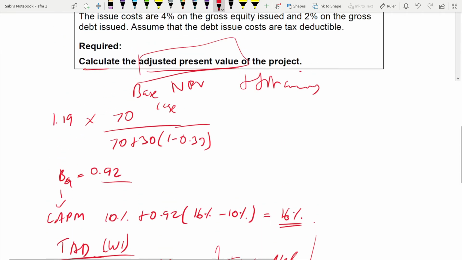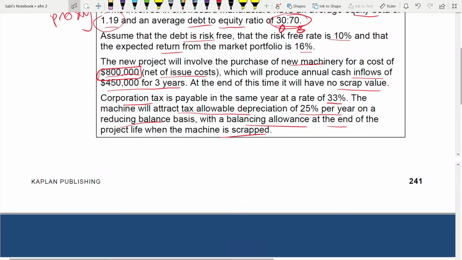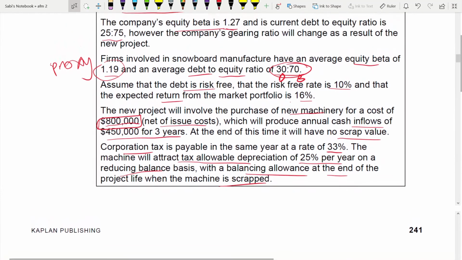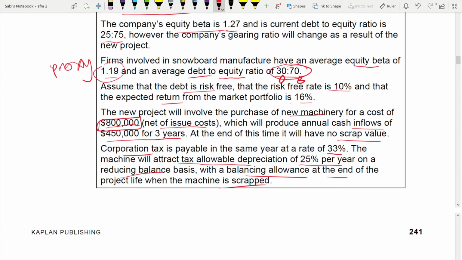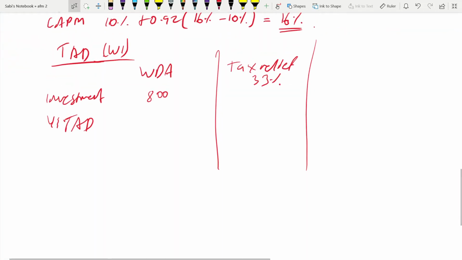Let me look at the tax allowable depreciation rate. I kind of forgot. It's okay, you can always refer to this. You will not remember everything. It is 25%. So 25% of 800 is 200, which leaves 600.